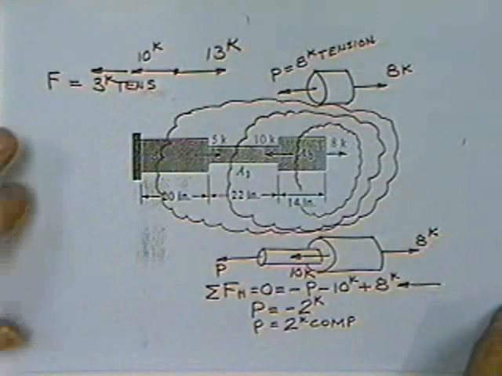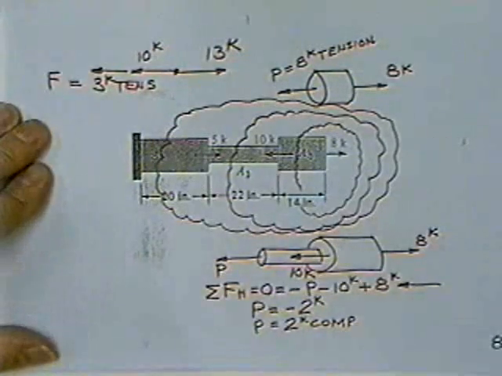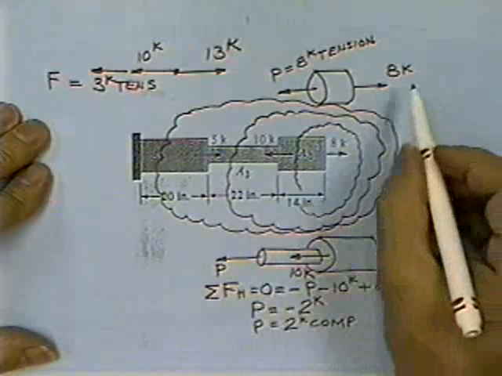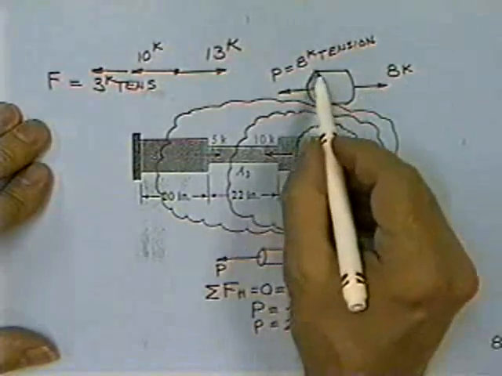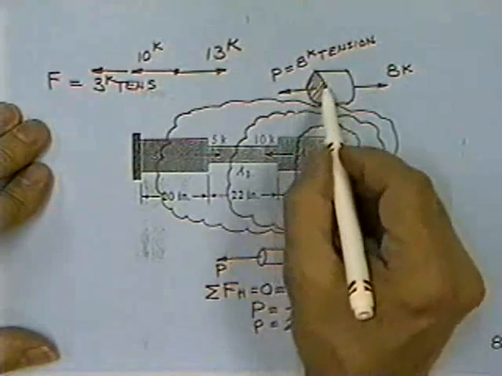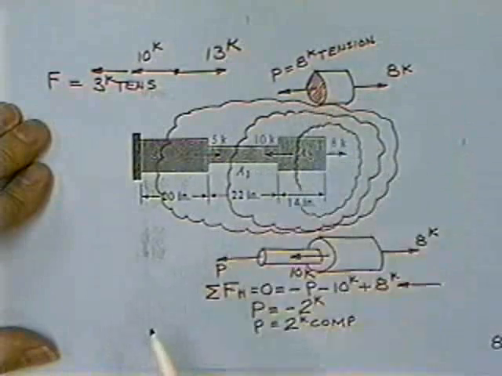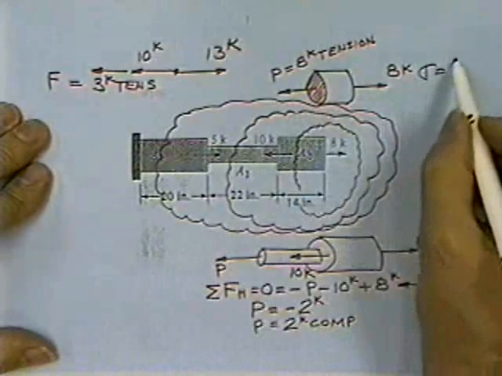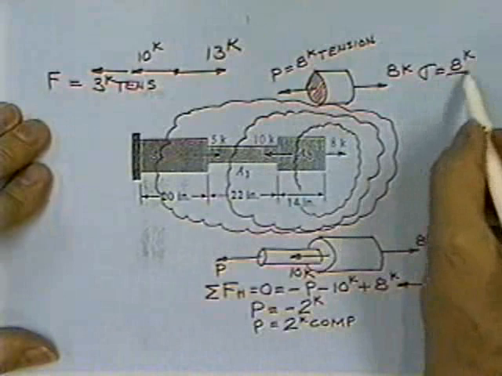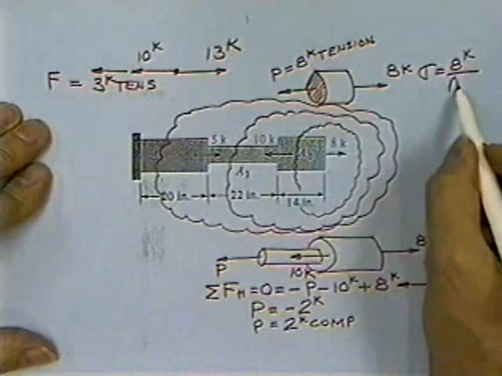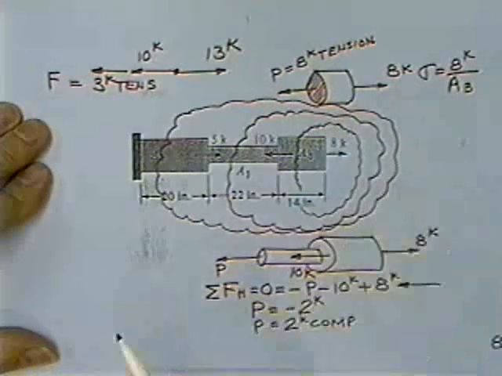Alright, now then, the stresses in each of those sections would be nothing to it, now that I've got the forces. For instance, the stress in this section is the stress that's distributed across this area, and the stress is equal to 8 kips divided by, that area is shown as A3, it has no value.